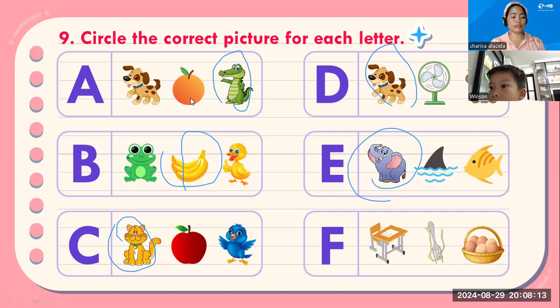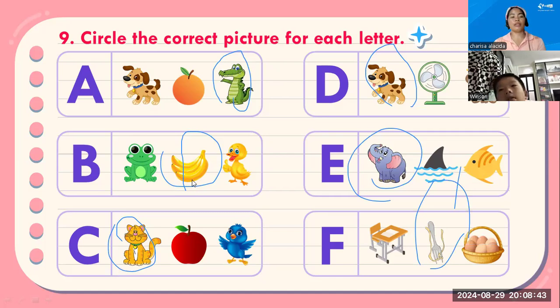We have alligator. Again, alligator. Okay, letter A is alligator.